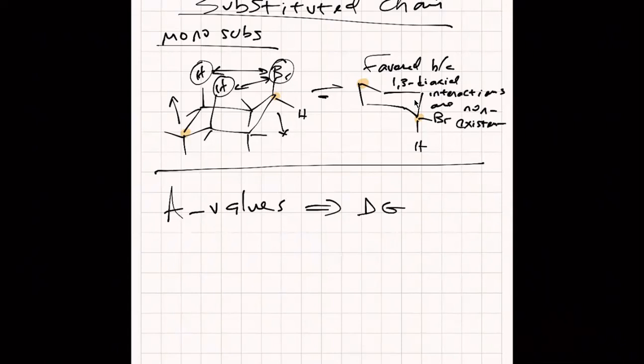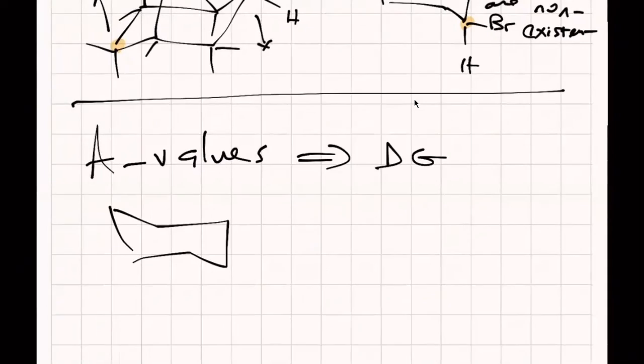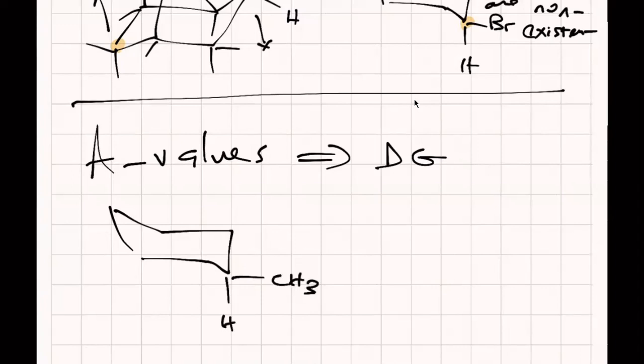So for a methyl group being axial, if we took this molecule right here or this chair, where we had a methyl axial, and then this is an equilibrium.